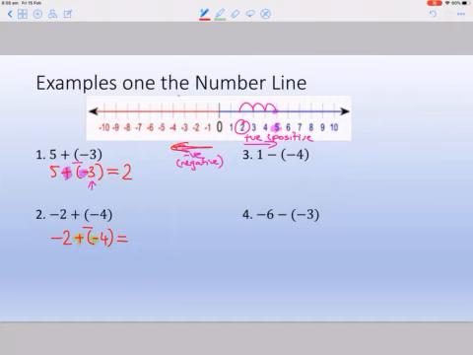What's our starting point? Minus 2. So let's go to minus 2. And we're going left. Remember, we're going negative because of this. How many times are we going negative? 4. 1, 2, 3, 4. So our answer is minus 6.